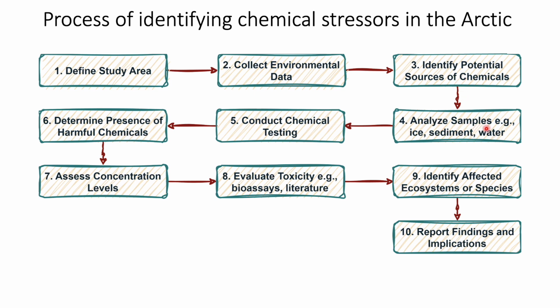Then we analyze the samples, for example ice, sediment or water. Then conduct chemical testing. Then we determine the presence of harmful chemicals. Then we assess the concentration levels. Then we evaluate the toxicity using bioassays or literature references. Then we identify affected ecosystems or species, and finally we report the findings and implications. This is the overall process.